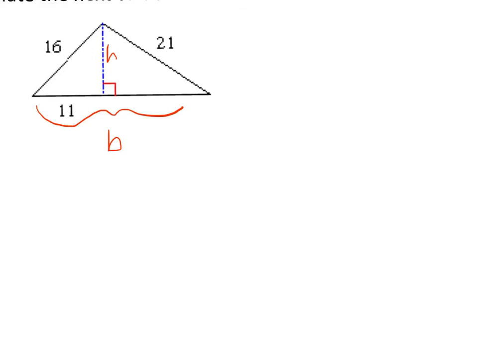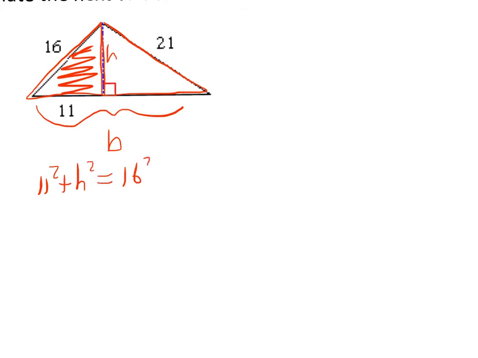Now notice that this blue line that comes down creates a right triangle. That creates a right triangle right here. It also creates a right triangle here. So we're going to use the Pythagorean theorem over and over again here. So first of all, let's look at this one. So the Pythagorean theorem would tell us that 11 squared plus h squared equals 16 squared.